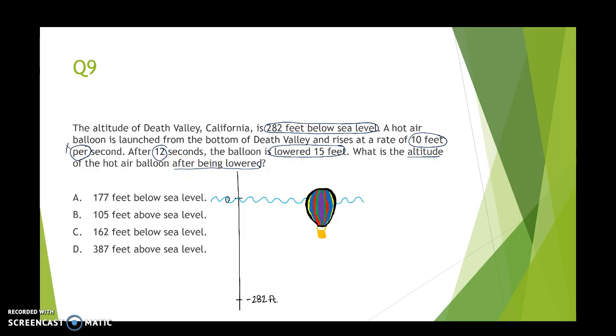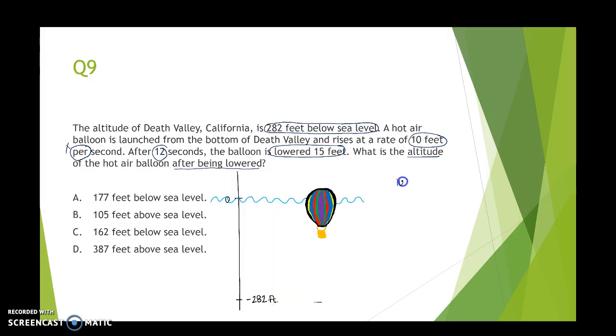Okay, so it started down here at negative 282 feet. So with altitude, we should be drawing a number line vertically. So you want to think about up and down. Sea level's at 0, and we're down here at negative 282 feet. So we're starting down here, and then it is launched, and it rises at a rate of 10 feet per second.